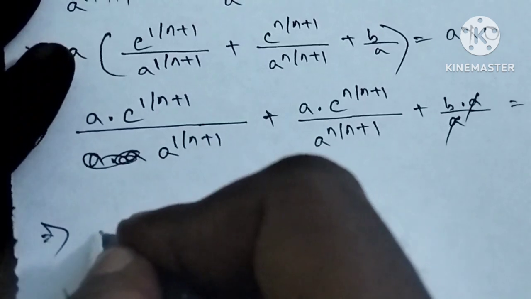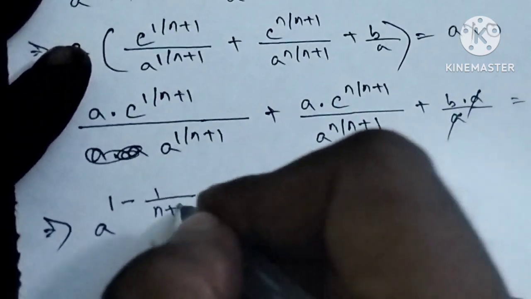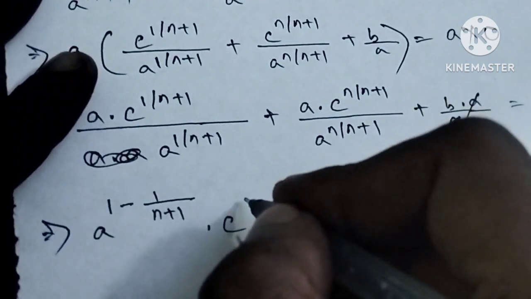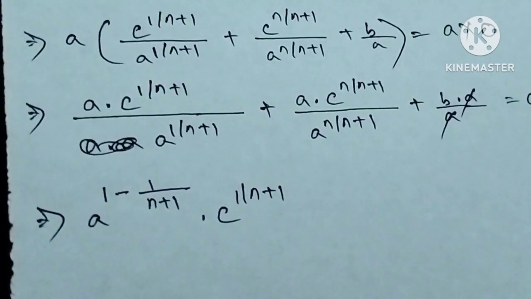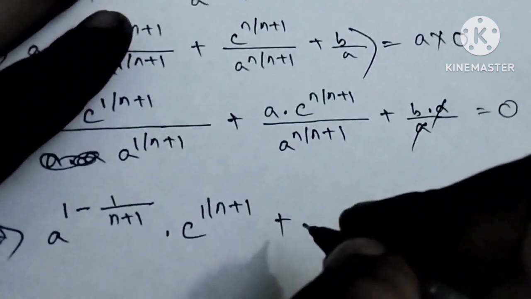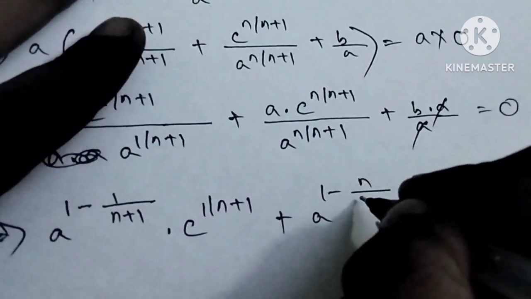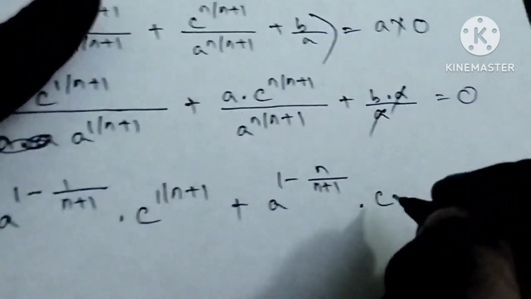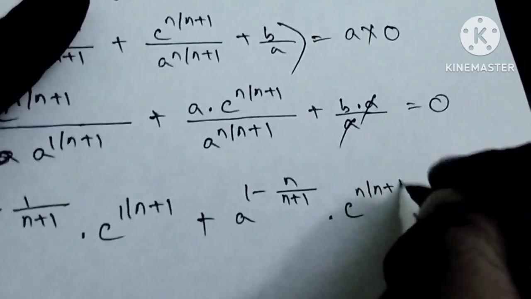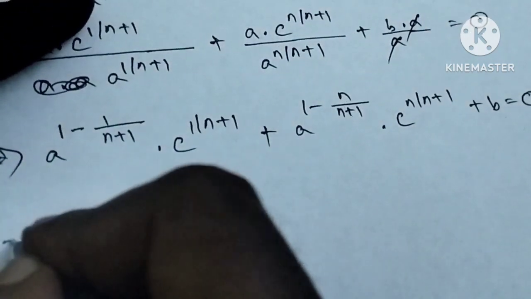In case of division it will be a to the power 1 minus 1 by n plus 1 into c to the power 1 by n plus 1, plus a to the power 1 minus n by n plus 1 into c to the power n by n plus 1, plus b is equal to 0. No problem.